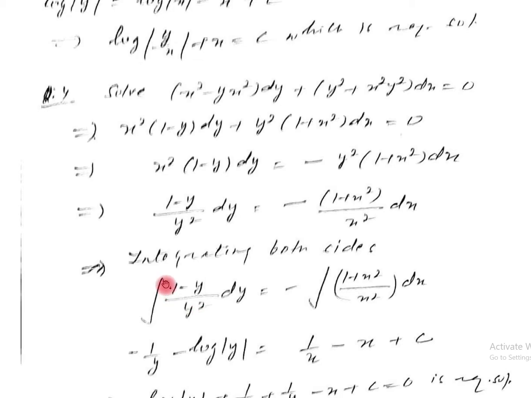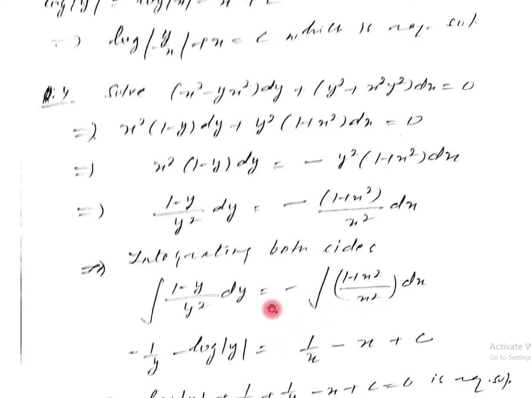When we integrate, it becomes: the integral of 1 upon y square is minus 1 upon y, minus the integral of 1 upon y, which is log of y, equal to minus, again minus here is minus plus, the integral of 1 upon x square is minus 1 upon x, then again minus plus.